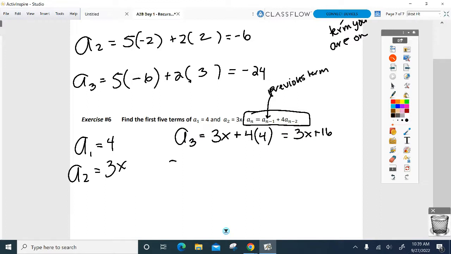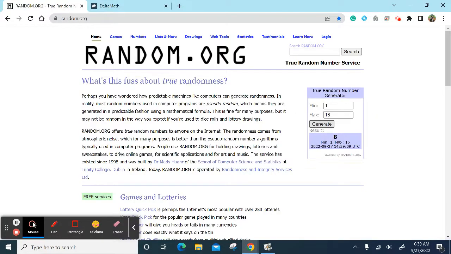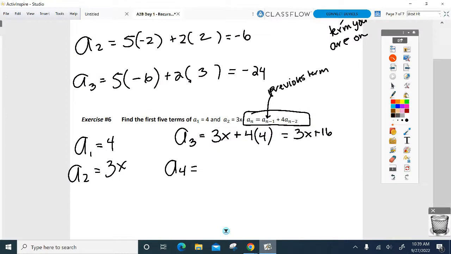Previous, whatever you like. I like the term before the term. Who's up with 8? All right, ready? Previous term, 3x plus 16, the one we just found, 3x plus 16, plus 4 times the previous, 3x. Yep.